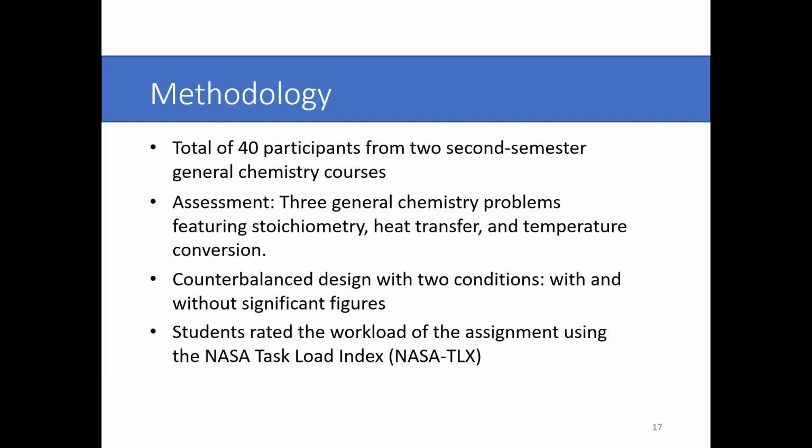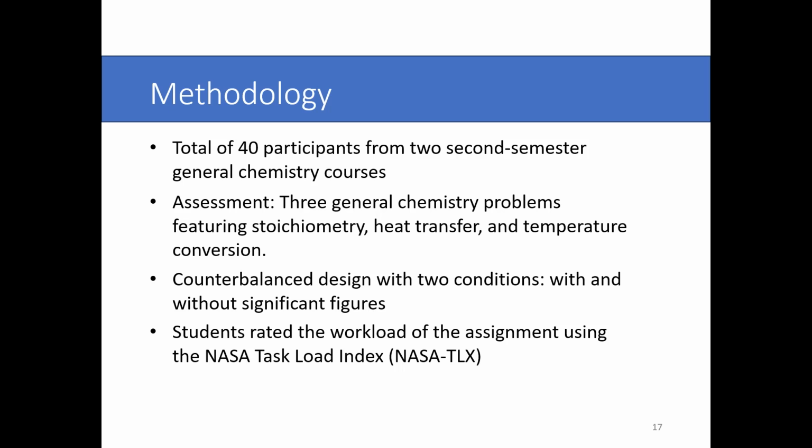So what we did is we took a total of 40 participants from 2 second semester general chemistry courses. They took a significant figure assessment that featured 3 questions. There was a stoichiometry question, a heat transfer question, and then a temperature conversion question. It was a counterbalanced design with 2 conditions, with and without significant figures.